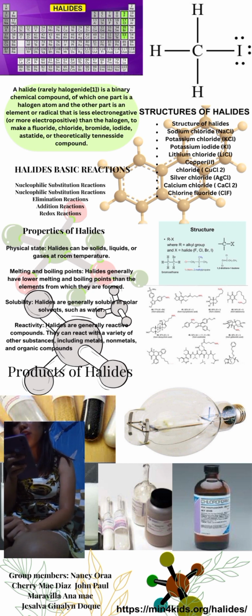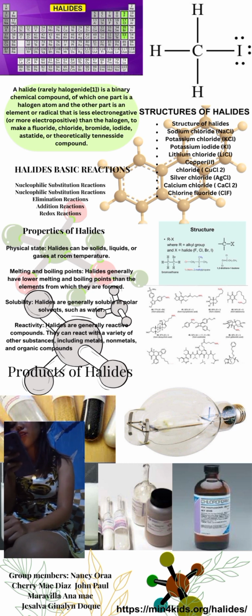combines with another element. They can be ionic or covalent depending on the electronegativity difference between the two elements. Properties of halides vary depending on the type of halide and the specific elements involved.